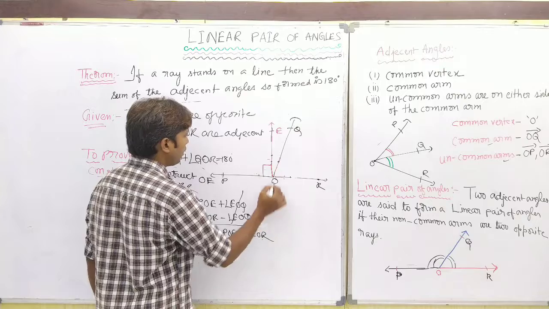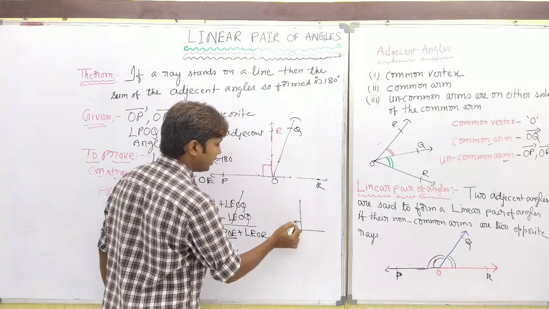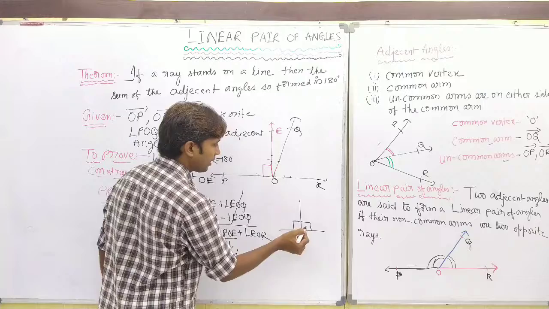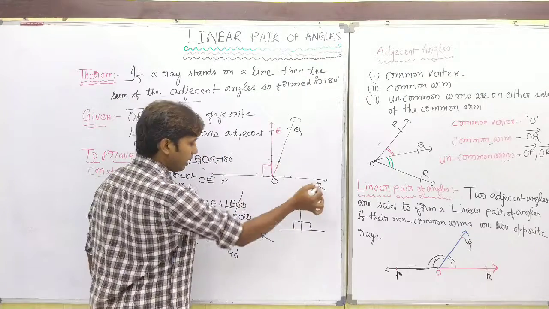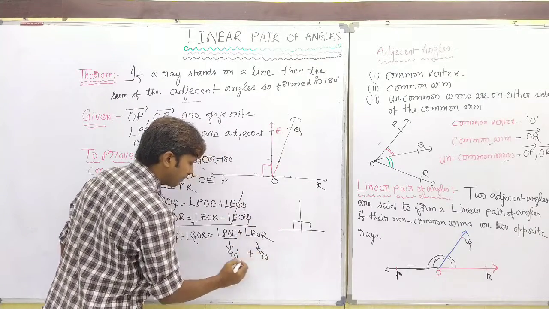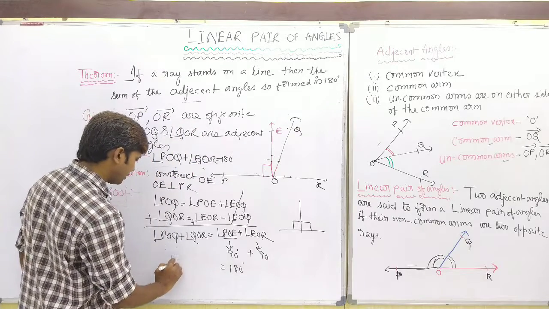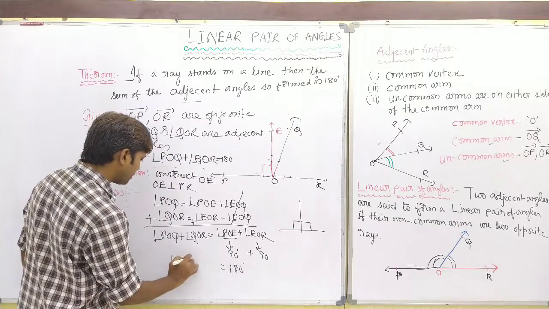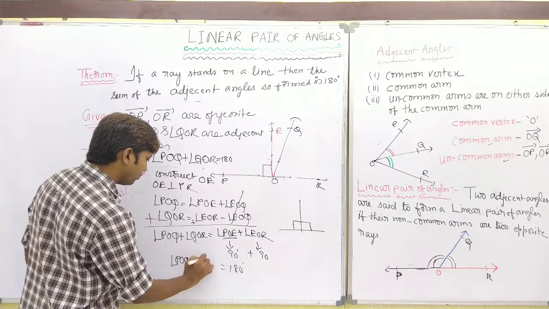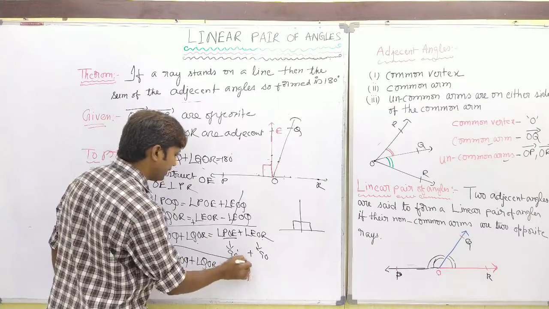Similarly, angle EOR: if you draw the perpendicular, if this is 90, this part is also 90. EOR is also 90 degrees. So 90 plus 90 would be equal to how much? 180 degrees. So did we prove this or not? We obtained the result which we need.